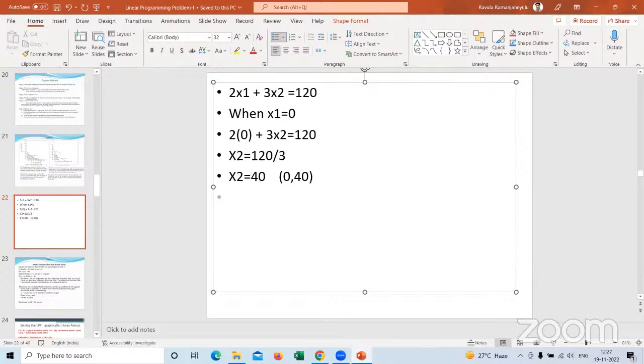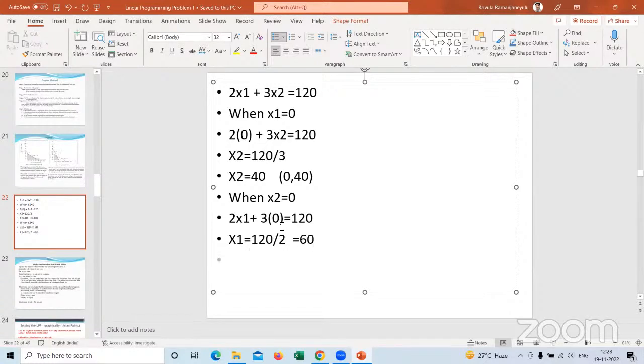Similarly, when x2 is equal to 0, then what is the value of x1? 2x1 plus 3 into 0 is equal to 120. So x1 is equal to 120 by 2, that is nothing but 60.